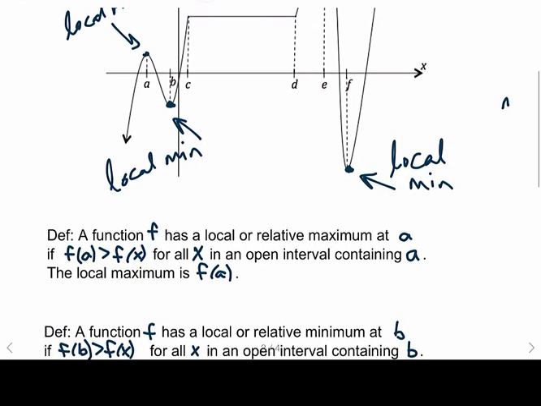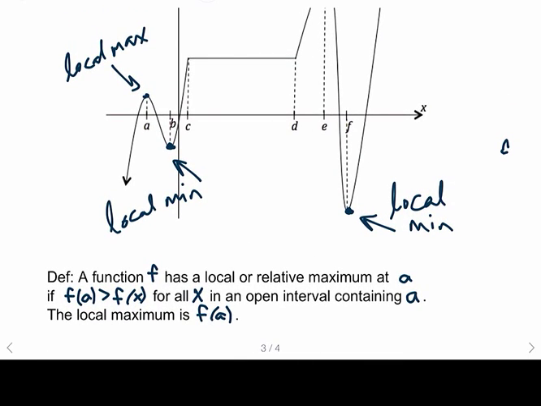Definitions. A function f has a local or relative maximum at a if f of a is bigger than f of x for all the x that are near it. It says for all x in an open interval containing a.